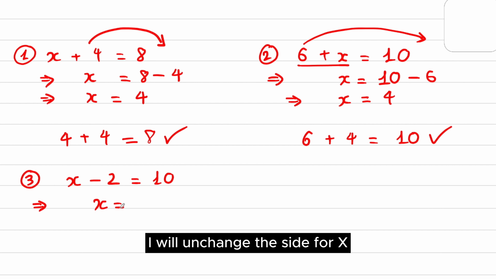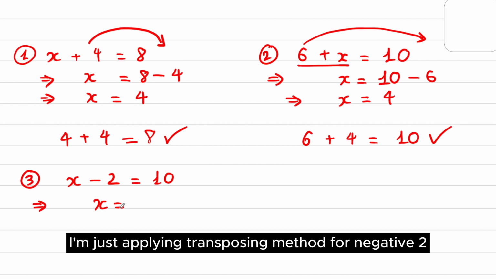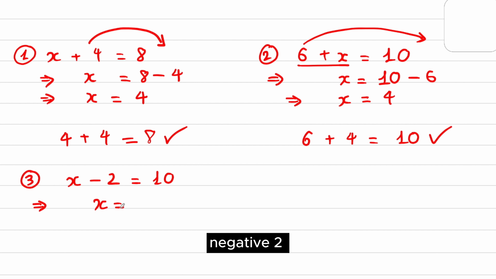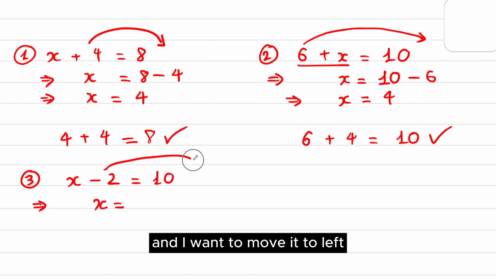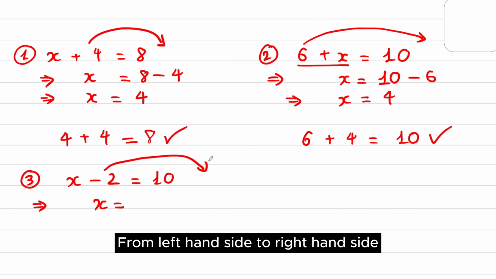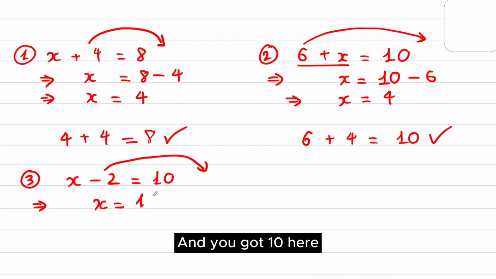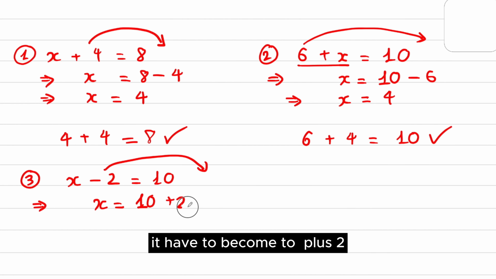I want to apply the transposing method for negative 2. Negative 2 in the left hand side, I want to move from the left hand side to the right hand side. You have 10 here, and negative 2 here. This is negative 2, it has to become plus 2.